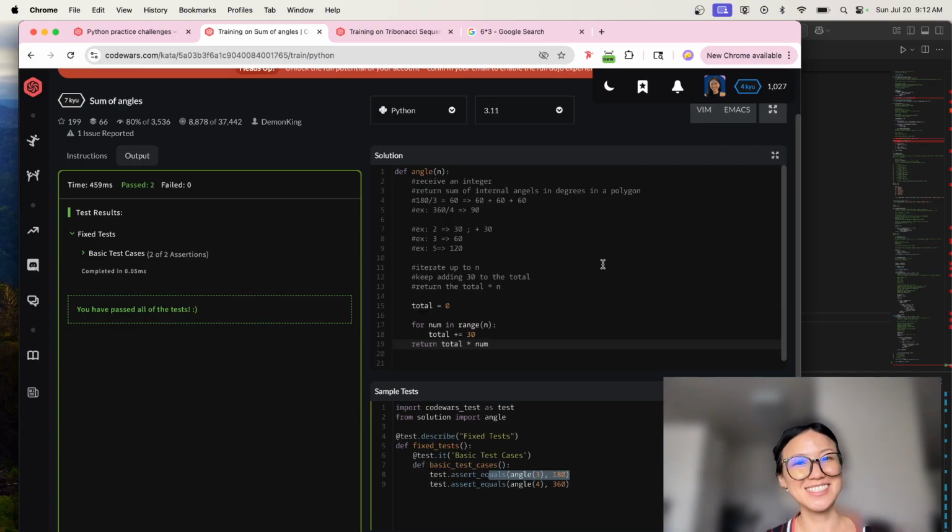Yes. It's a high five, chat. So this is the way I'm thinking about it. I feel like there's a simpler way to simplify this. For num in range of n, total plus equals 30.